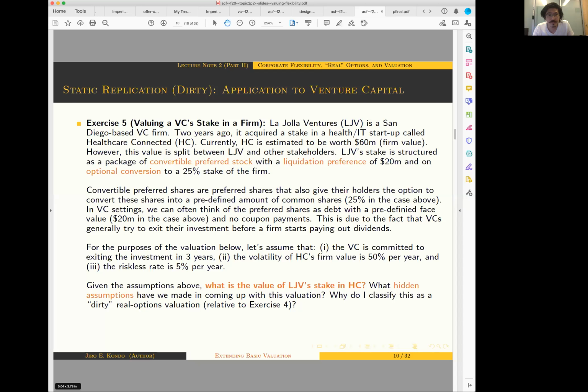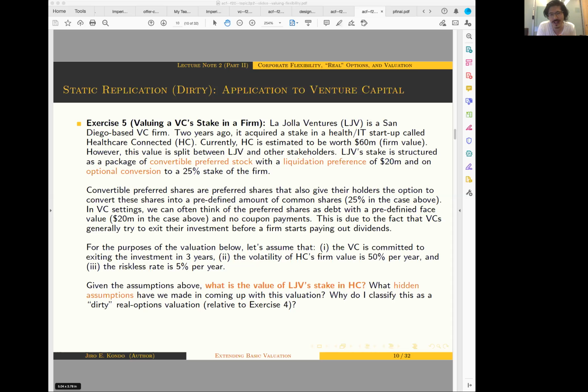Okay, so let me go ahead and share my slide. Can everyone see my slide? All right, perfect. So let's go ahead and read this. By the way, this is an example. It's a super introductory VC example. So you guys, there's 3 goals with this problem.